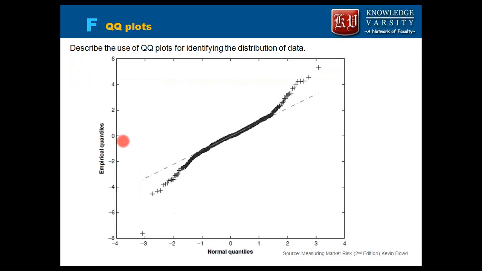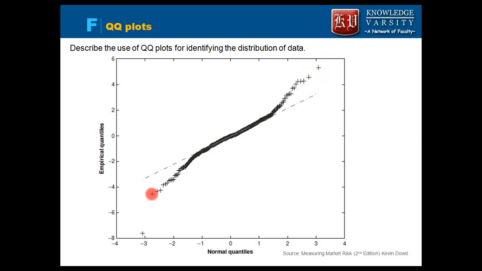The next diagram also has the normal quantile, but this is the t distribution data. See the distribution. Over this area, the t distribution behaves as if it is a normal distribution, but at the extremes the t distribution has a fatter tail.